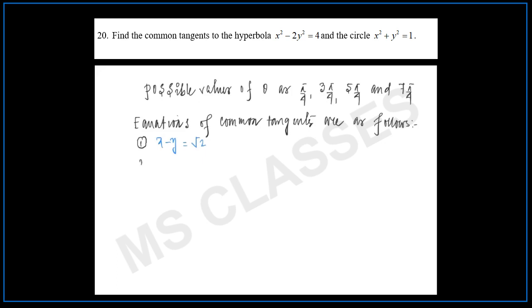The second one we get is minus x plus y equal to 2. The third one we get is minus x minus y equal to 2. And the fourth one gives us x plus y equal to 2.